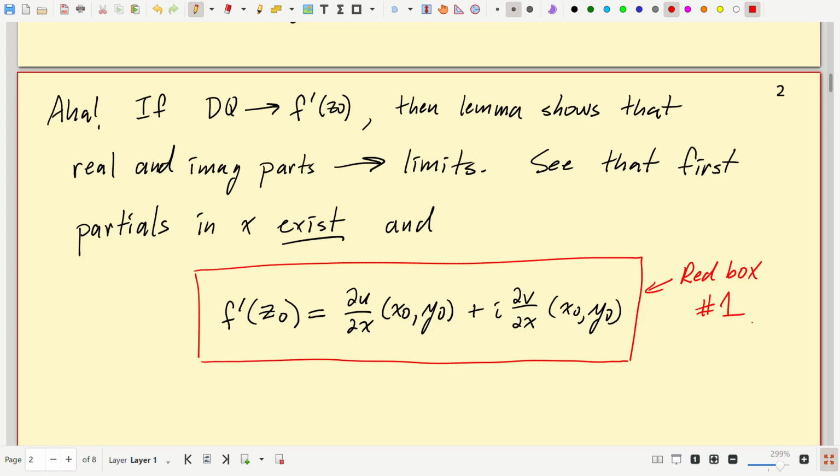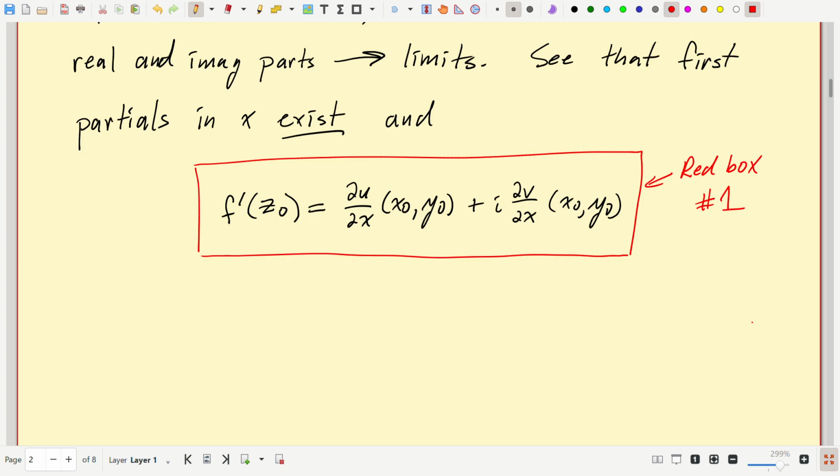Okay, the next case now is to do it vertically. When I do it vertically, I still got my base point, which is x naught plus i y naught. But now when I want to slide in from a vertical direction, the x naught would be the same, and the y would be sliding. We do the same routine again.